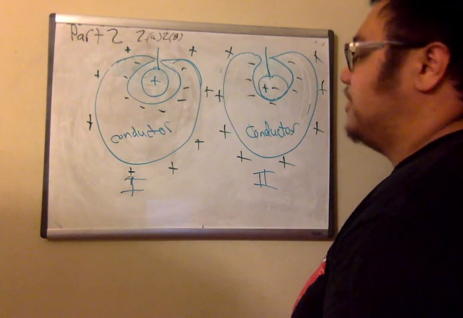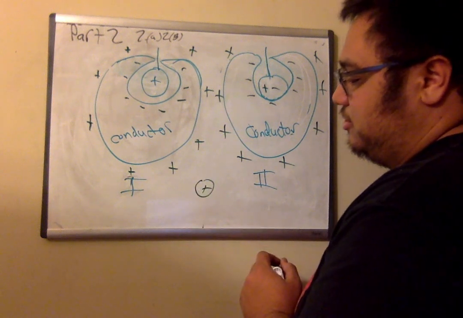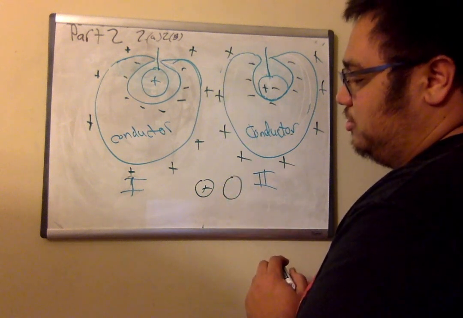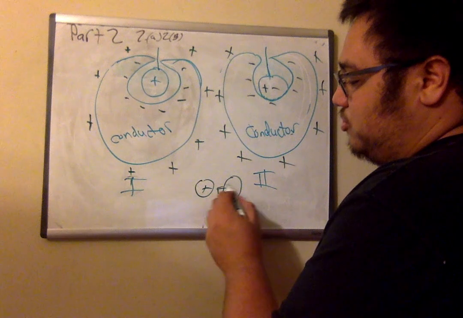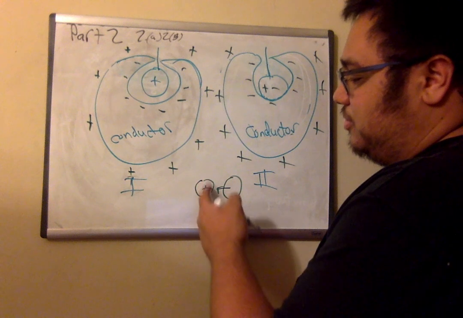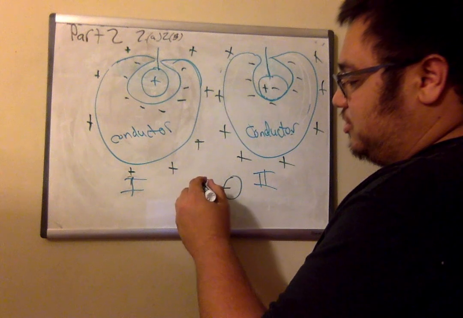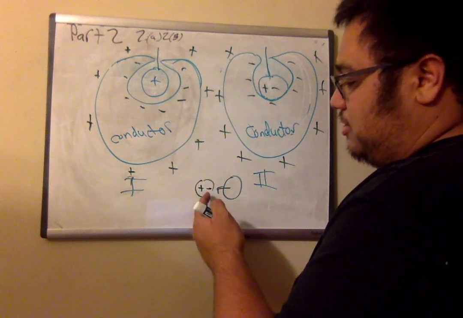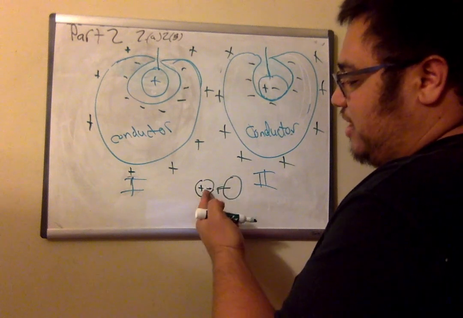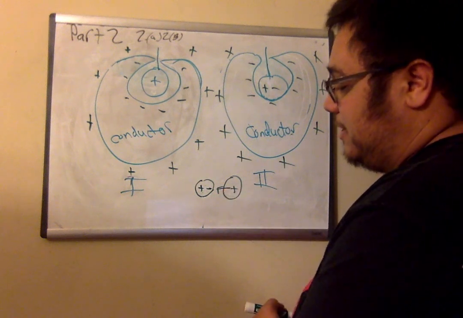If you think about it, the way I thought about this was, if you had a positive metal ball, and now you touch it to something neutral, well, electrons will want to move onto this ball until there's no net charge. Well, if that happens, now this is going to be electron deficient, and so this will become positive.